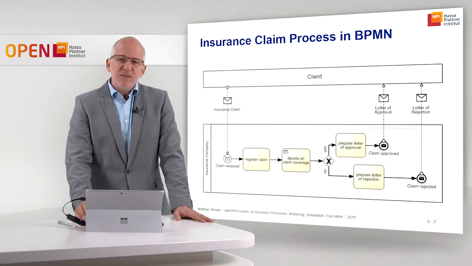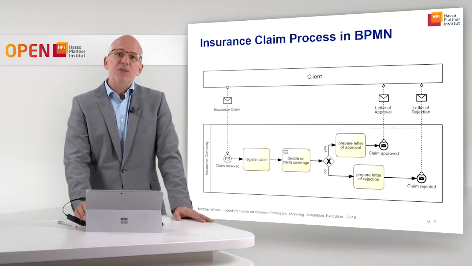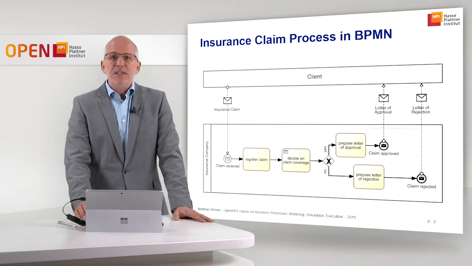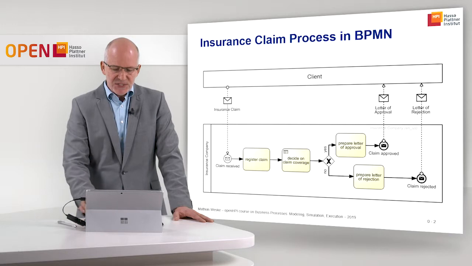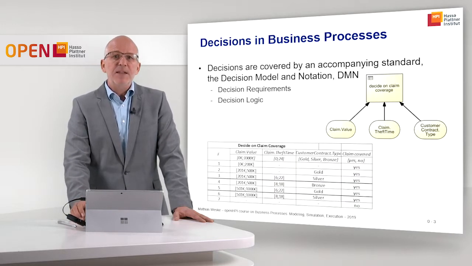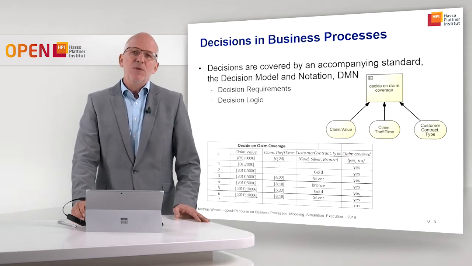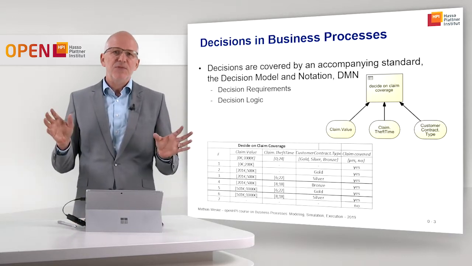You see in this business process that there is also a decision, and there is another standard that comes as a sibling standard, if you want, to the BPMN, which is the DMN, which we also cover in our course. DMN stands for Decision Model and Notation. In DMN you have two levels on which you can specify decisions.